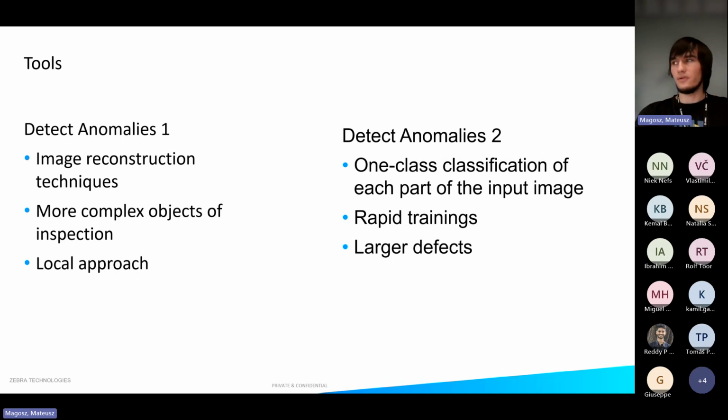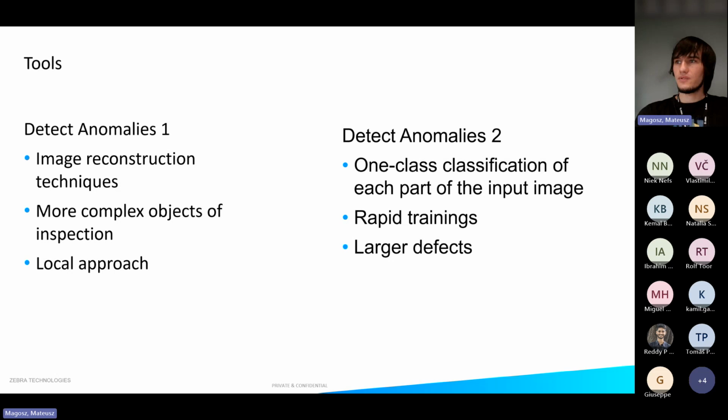creation, that's all. We currently have two main tools, which are anomaly detection 1 and 2. One was our older algorithm, one of the first we created like 6 years ago.